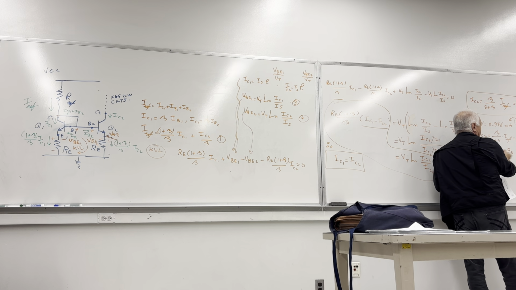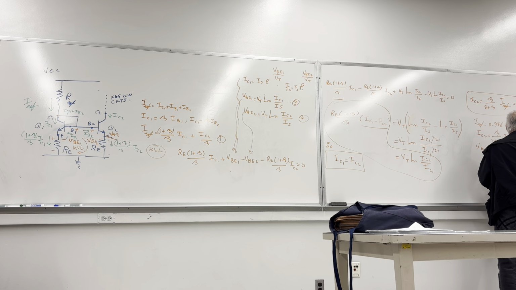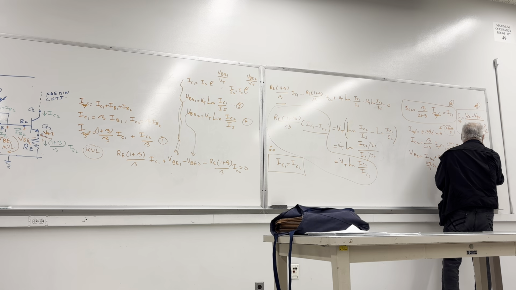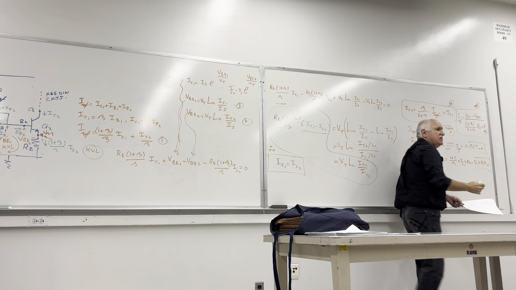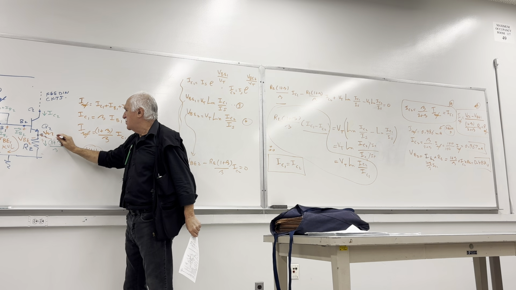Remember, that's a fast way of doing it. So you will have (1 plus beta) over beta multiplied by IC2 times RE. So this turns out to be 0.488 volt. That's the DC voltage established in here. 0.488 of a volt.